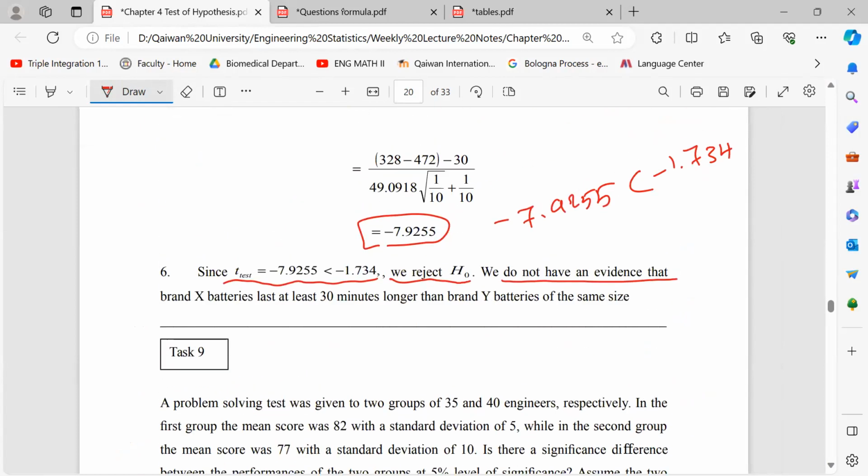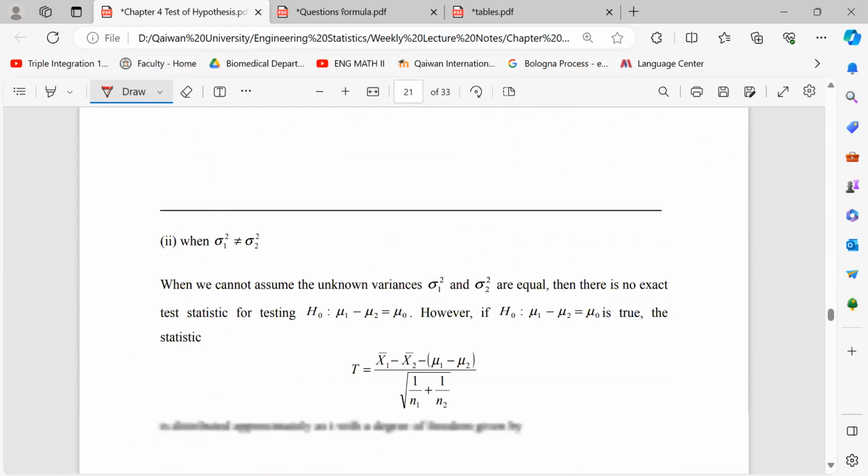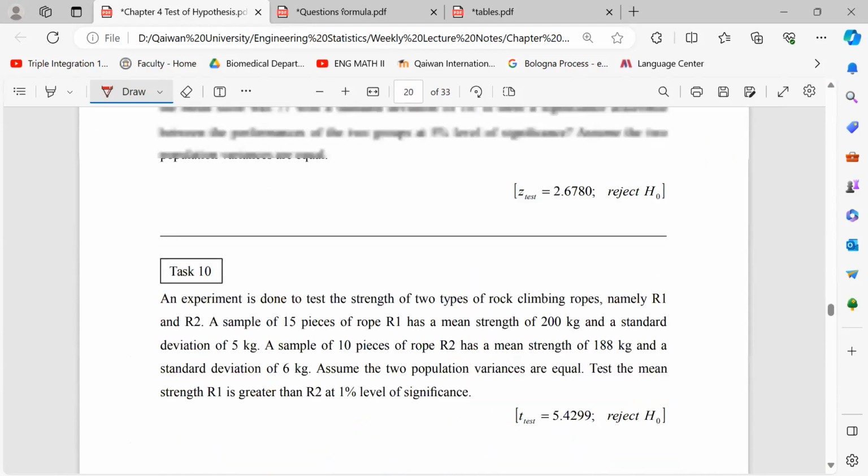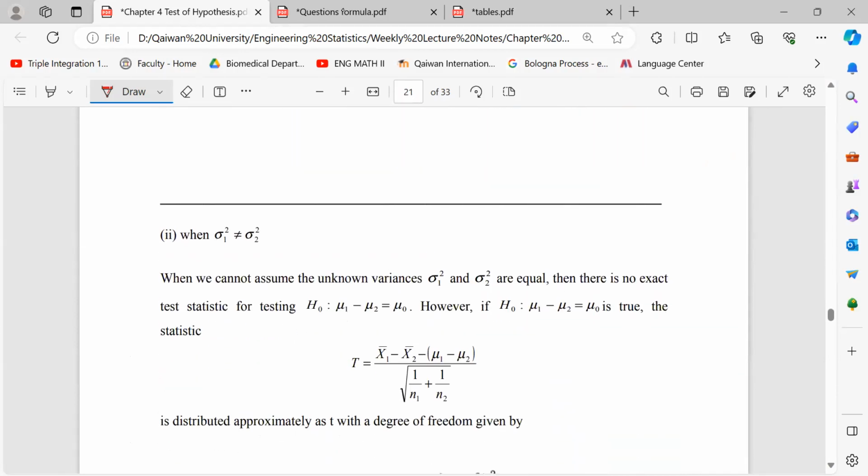So the previous example that we left, in the case where the variances are known, is similar to this one. Only the formula of step 5 has changed. We now have another case.